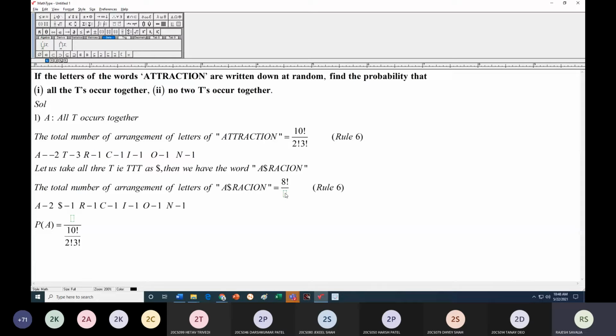So denominator is 2 factorial into 1 factorial, 1 factorial, 1 factorial, 1 factorial. 1 factorial is 1, so no need to write. So the total number of arrangements of this spelling is 8 factorial by 2 factorial, where all T occur together. That is your number of desired outcomes.